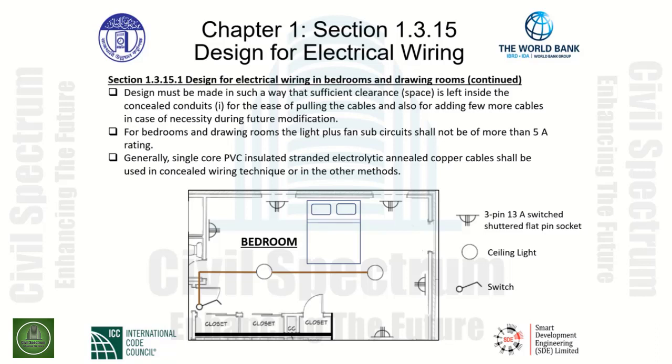There is a bed indicated between 2 windows, and we have our switched flat pin sockets on either side of the bed for utilization equipment such as clocks and other various things that may be plugged into the sockets.